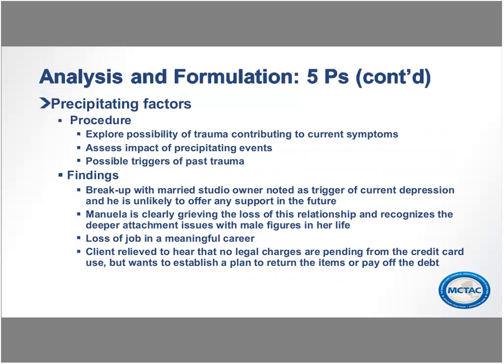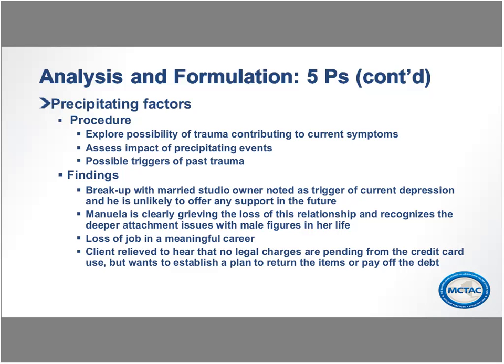Looking at the precipitating factors, our procedure for gaining this information would be to explore the possibility of trauma contributing to current symptoms. Again, we really want to make sure we're trauma-informed and person-centered and asking about any possible history of trauma and whether or not that could be related to her current functioning.